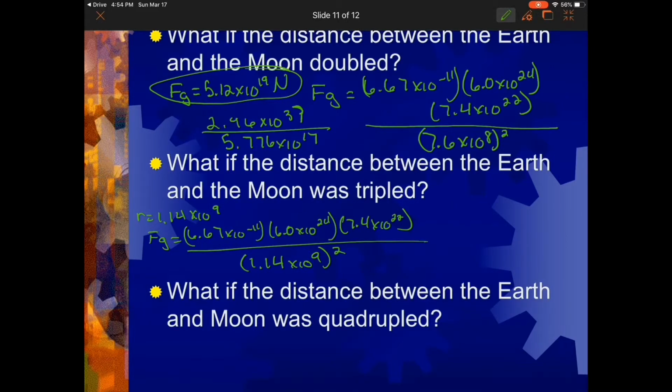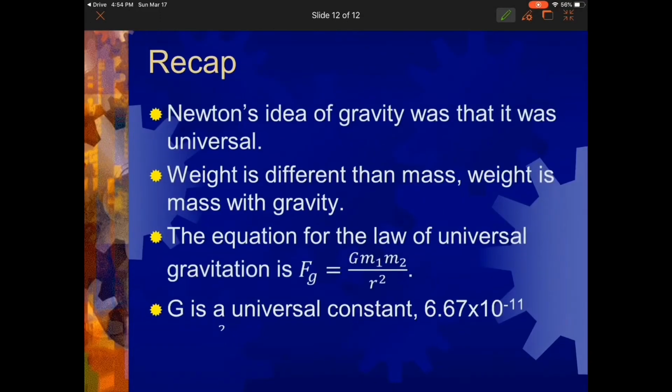All right, so now let's do our little cheater. Do the top first. Well, we already know the answer to that because the numbers haven't changed. So 2.96 times 10 to the 37th over, plug 1.14 times 10 to the 9th squared into your calculator.